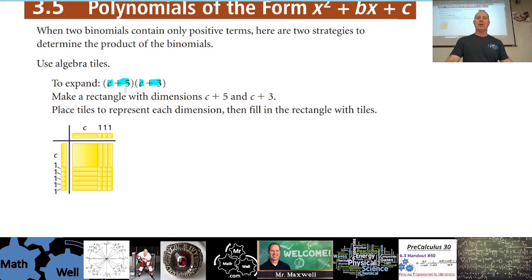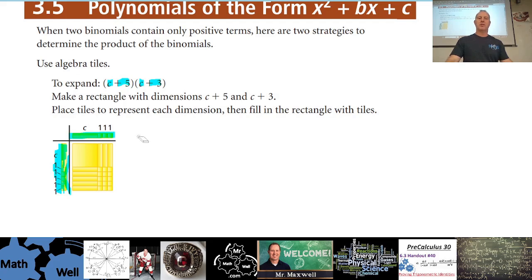And the 5 and the 3 consist of 5 little squares and 3 little squares. So in algebra tiles, this c plus 5 is this one down here. It's a long rectangle tile and 5 little squares lined up. And the c plus 3 is this one up here. It's a long rectangle one with 3 little squares, okay?